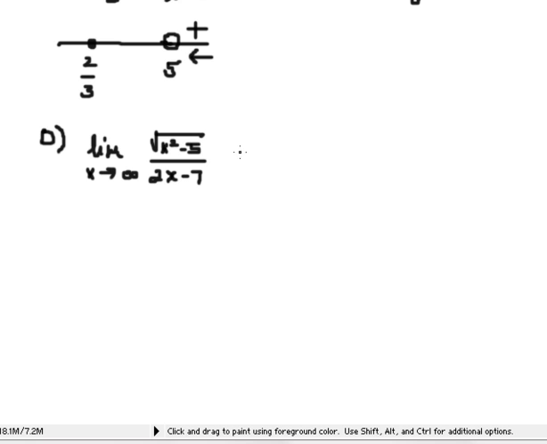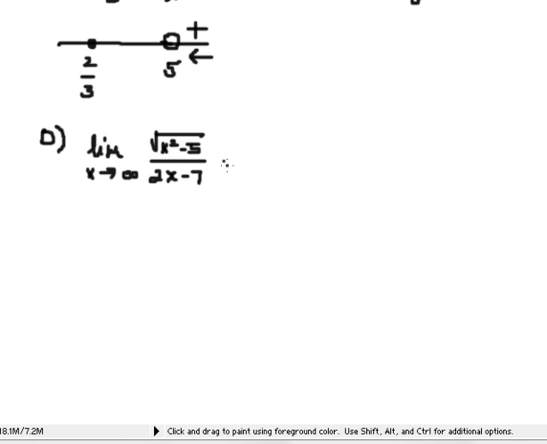Okay, the next expression is the square root of x squared minus 5 over 2x minus 7, and we're taking the limit as x goes to infinity. This is the type of limit we learned when we graphed functions, and we called this type of thing the end behavior.